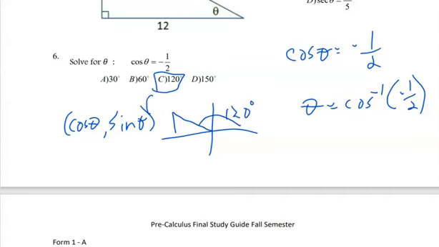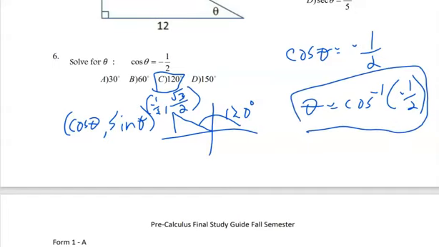So the cosine is -1/2, and the sine is probably going to be the square root of 3 over 2. So that would be the coordinate where cosine is -1/2. Either way would work. Either use the unit circle or use your calculator to find the inverse.